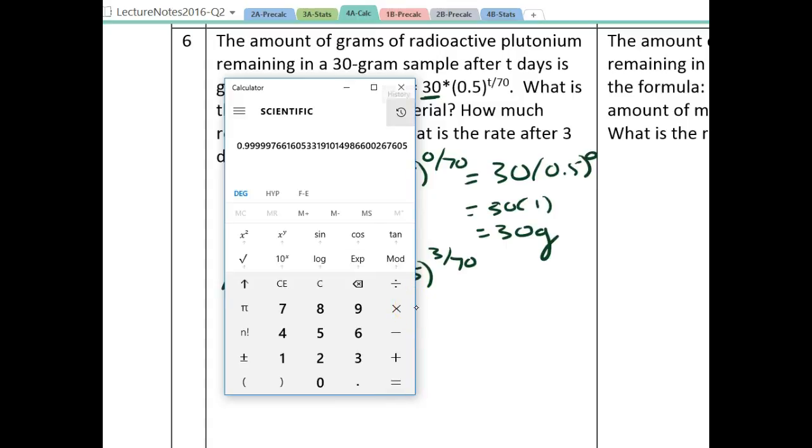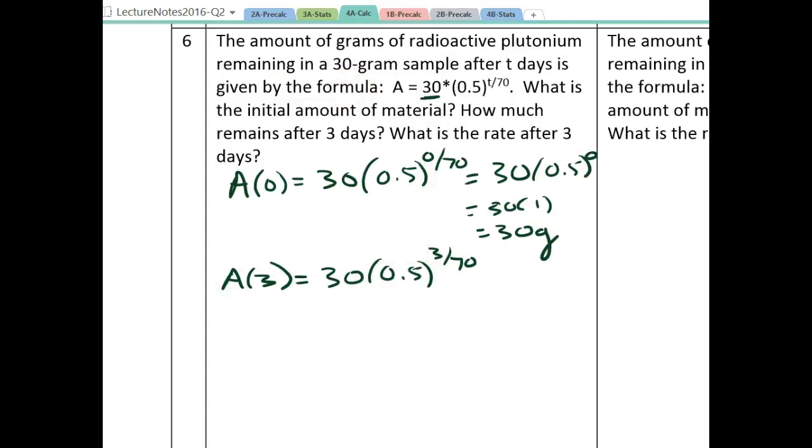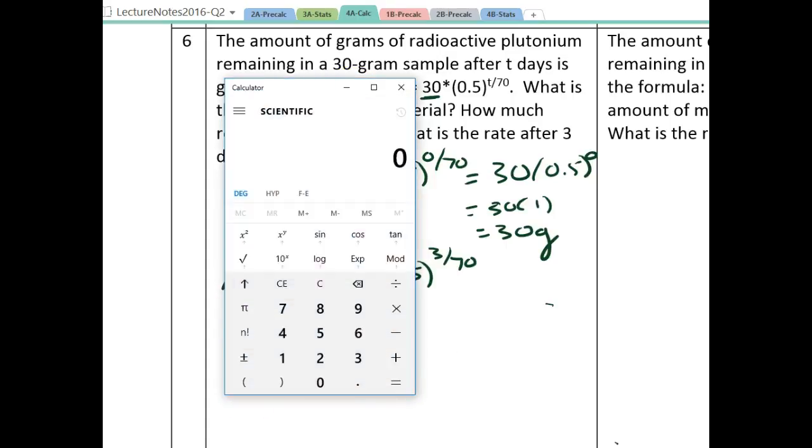Let's try that again. All right, so 0.5 raised to the power, and do this on your calculator while I'm doing it. Let me clear that again: 0.5 raised to, left parentheses, 3 divided by 70, close off the parentheses, and it equals, I get 0.9707.